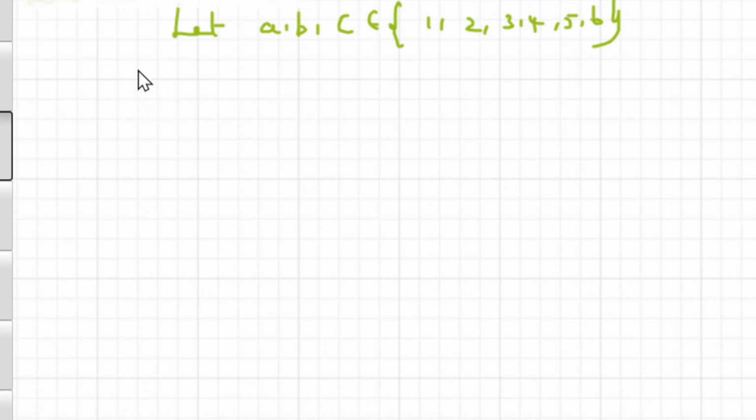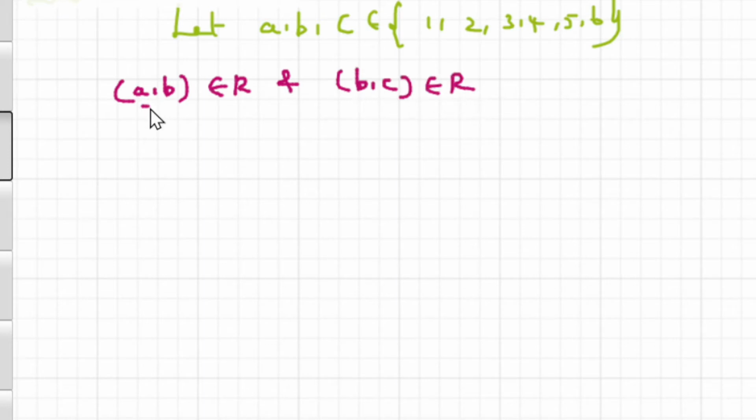And here we can take A comma B belongs to R, and B comma C belongs to R. We want to prove whether A comma C is also in R. So A comma B belongs to R, and we know that B is equal to A plus 1, and C is equal to B plus 1.